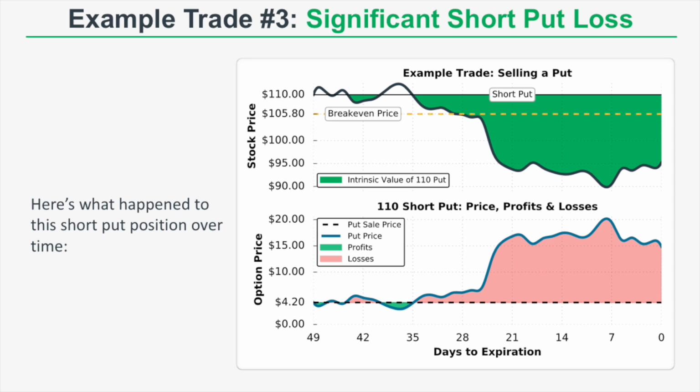However, since you collected $420 in premium, that reduces your effective share purchase price to $105.80. So even though this position didn't really work out the best way that it could, it still allowed someone to purchase shares of stock at a discounted price relative to the current stock price at the time.